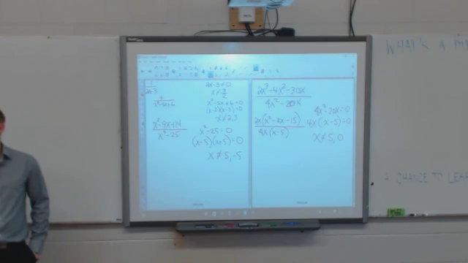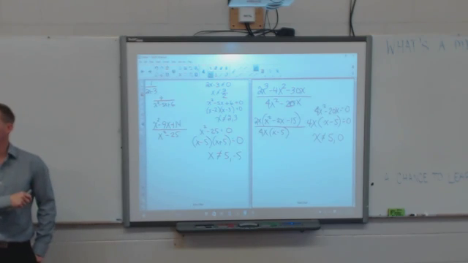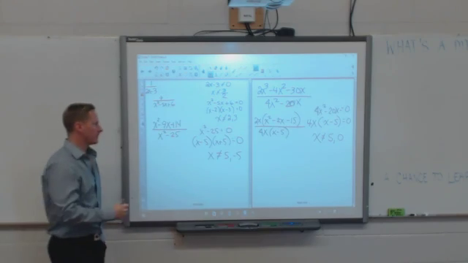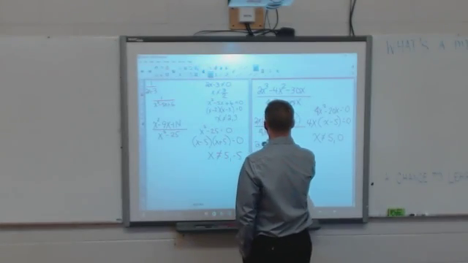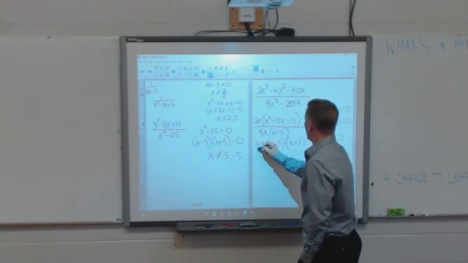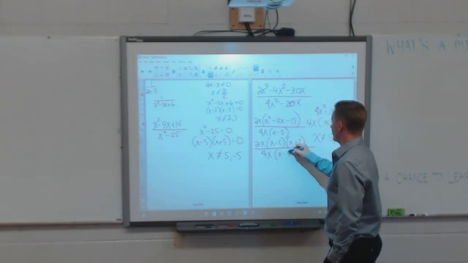Are there factors of negative 15 that add to give me negative 2? Yes, 3 and 5, with one of them being negative. Which one's going to be the negative? Negative 5. So it's 2x, x minus 5, x plus 3, over 4x, x minus 5.